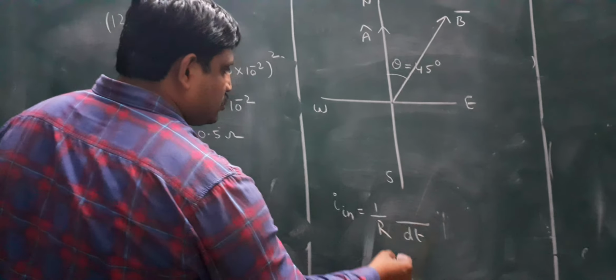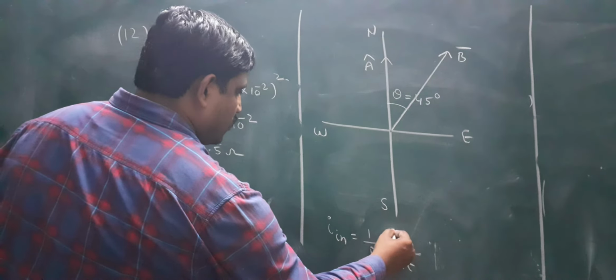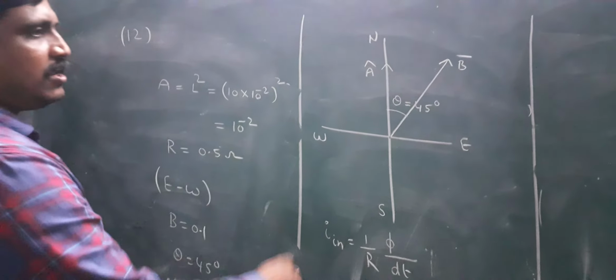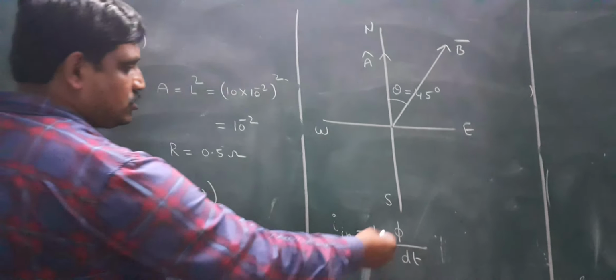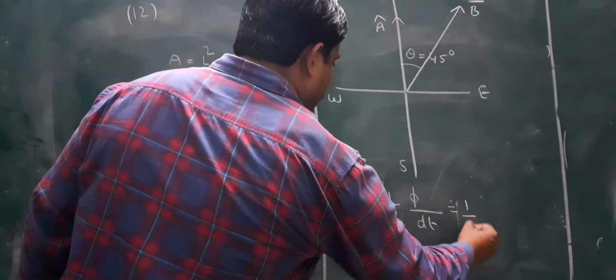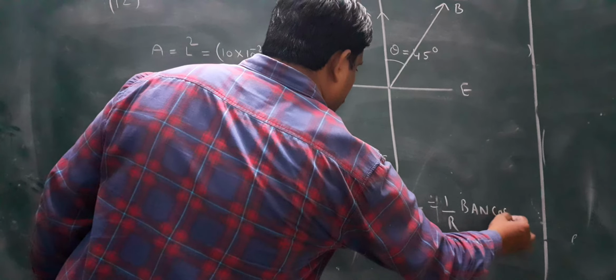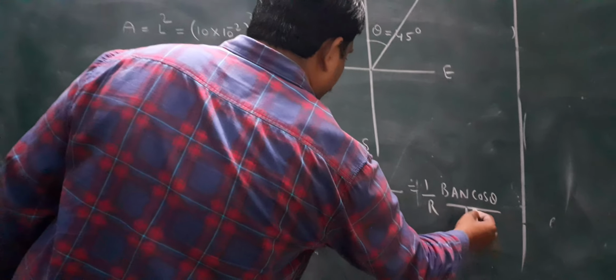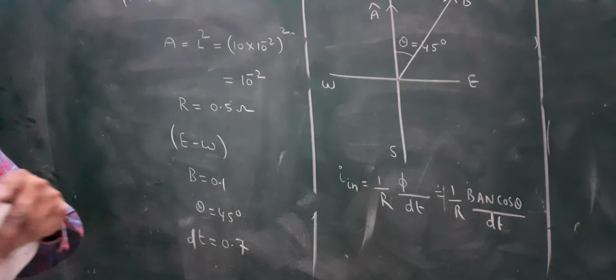Here d phi means phi 2 minus phi 1. Final flux is 0 because finally the magnetic field is removed. So the formula is 1 by R, phi formula B A N cos theta whole by dt. Substitute all values to get the answer.